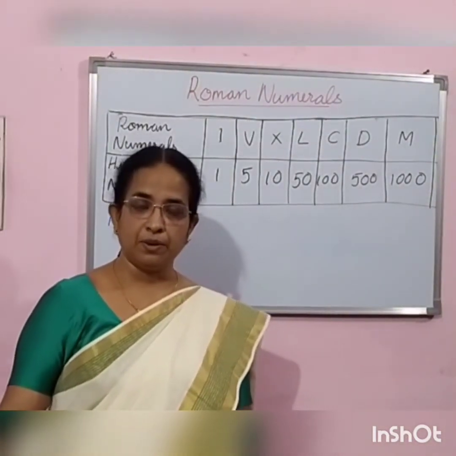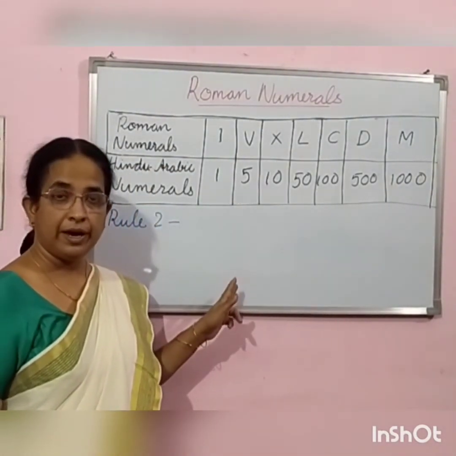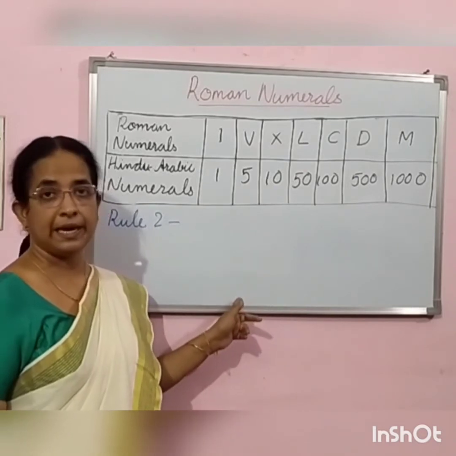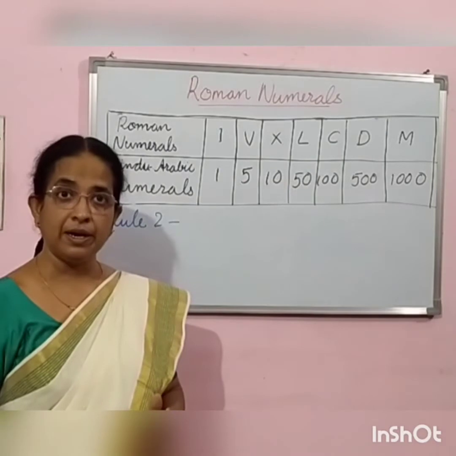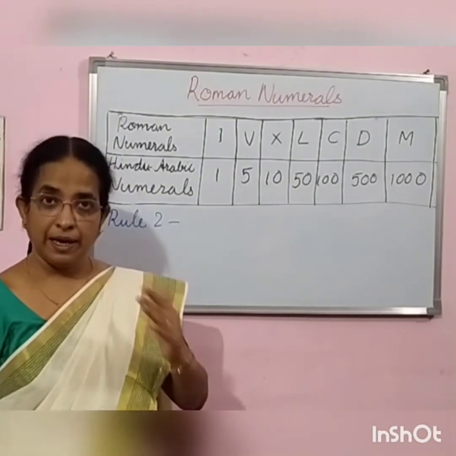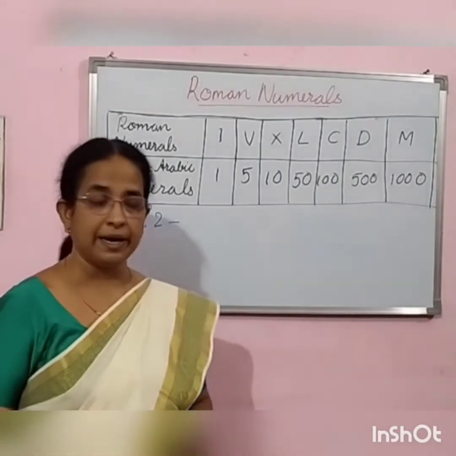The second rule is, when the smaller one is placed after the greater one, the value is increased. That is, both digits are added there.